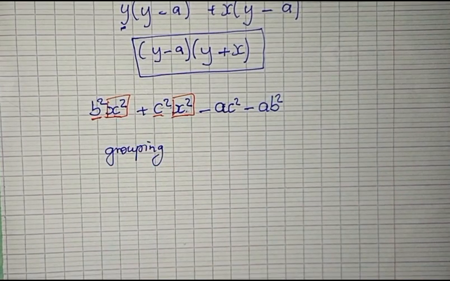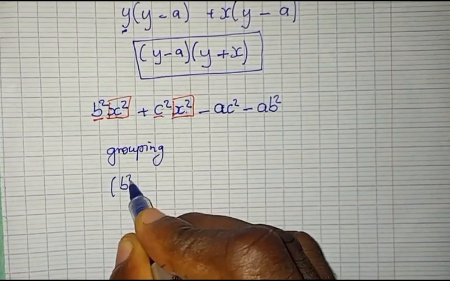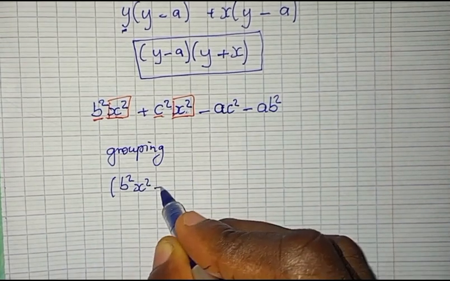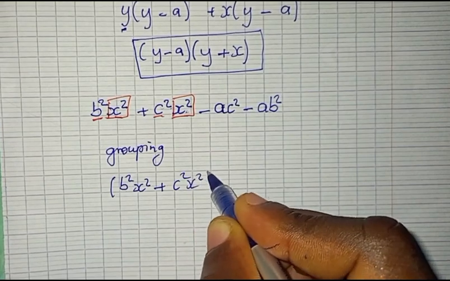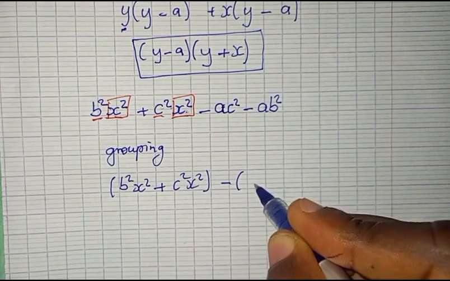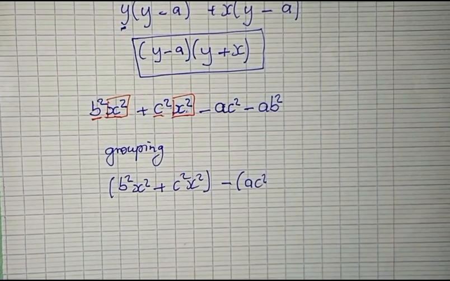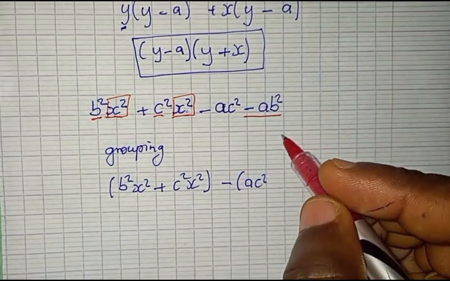To group them, we are going to have b squared x squared plus c squared x squared, minus ac squared. Let's look at something: this is negative ab squared.